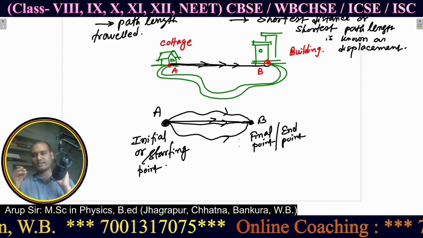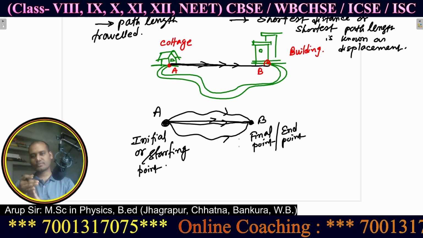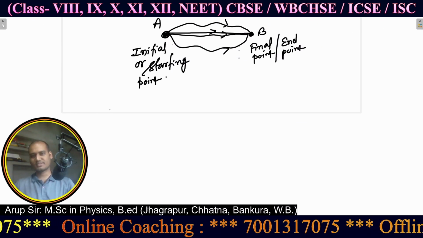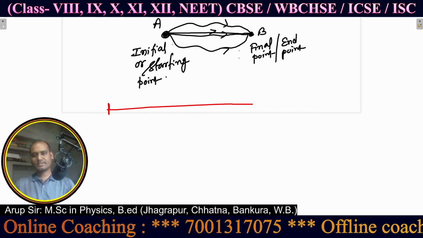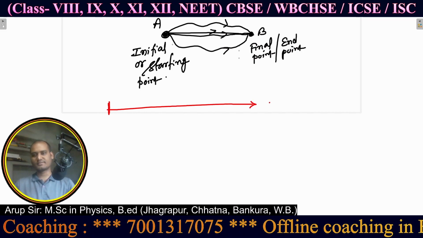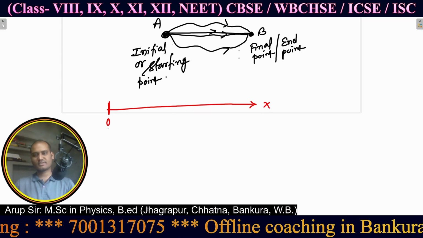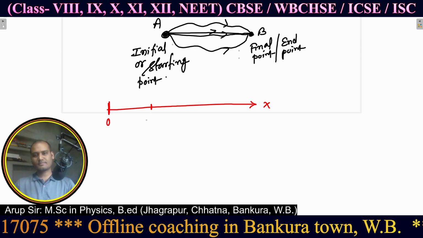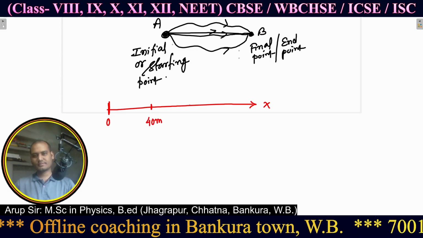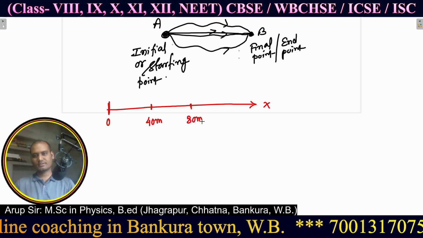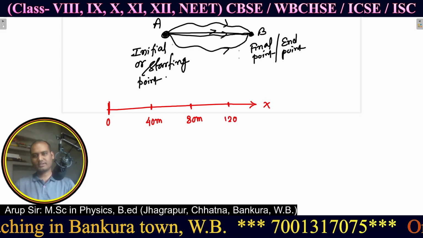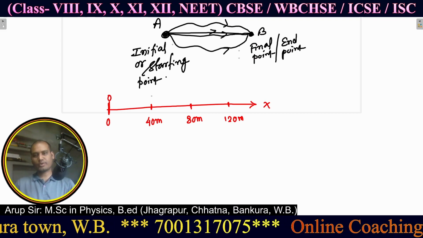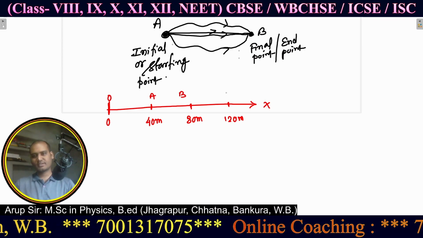But the fact is that some kinds of questions may be asked. I am giving you one example, just see. Let's consider that this one is our x-axis, starting from origin 0. Now this is marked 40 meter, this is marked 80 meter, this is marked 120 meter. These markings are there, with O point, A point, B point and C point.